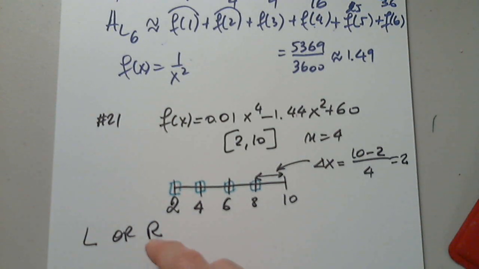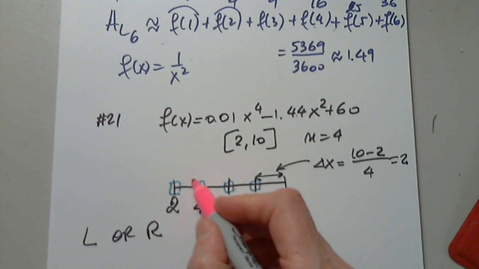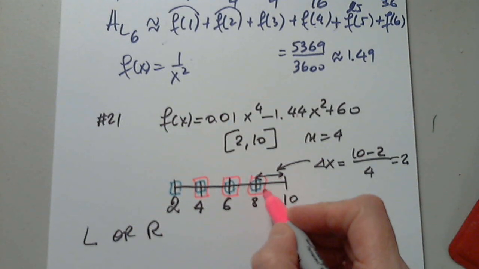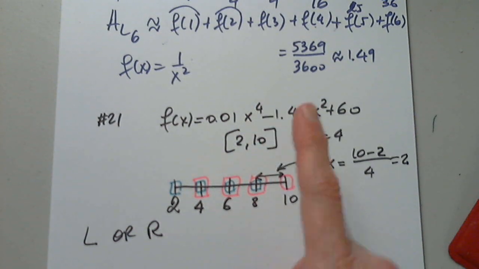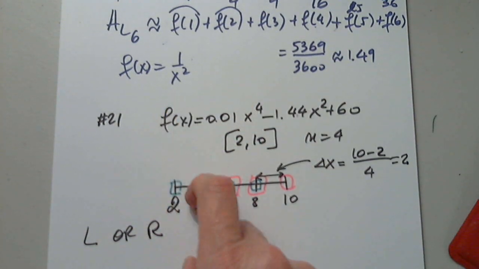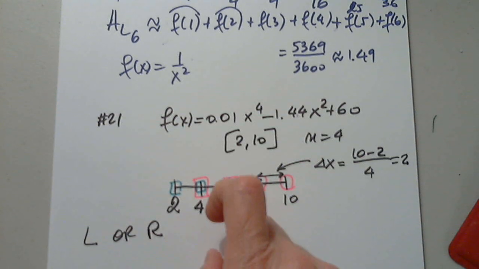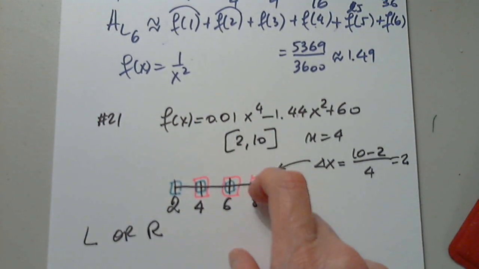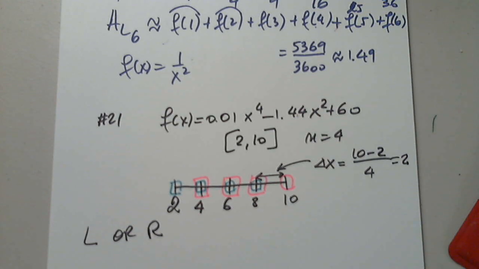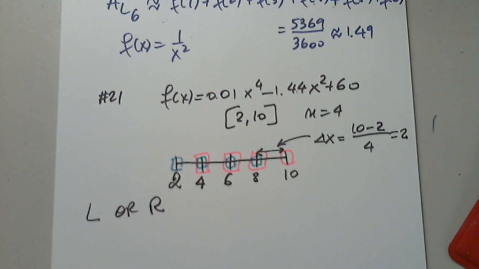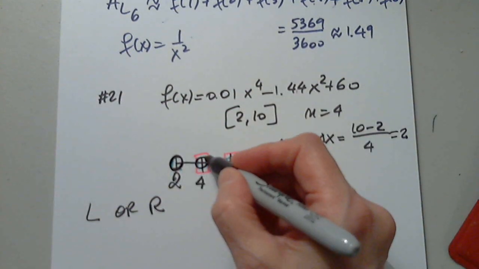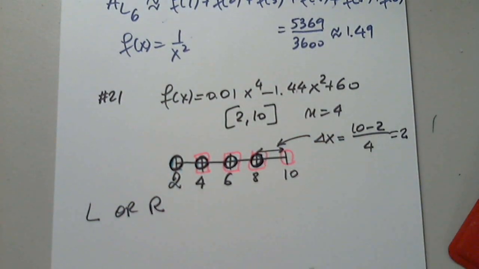If I want to use the rightmost point, then I will have the height at 4, 6, 8, and 10. For the left, the height at 2, 4, 6, and 8. For right, I start at 4, 6, 8, and 10. You choose which one. We want to use the left or the right? The left. We want to use the left. Okay, in that case, I'm going to use this, and this, and this, and this only.